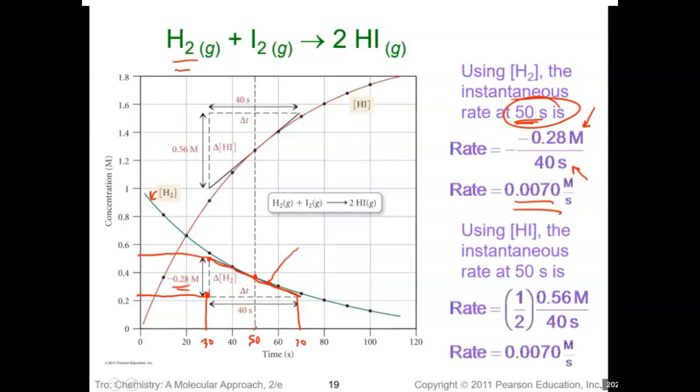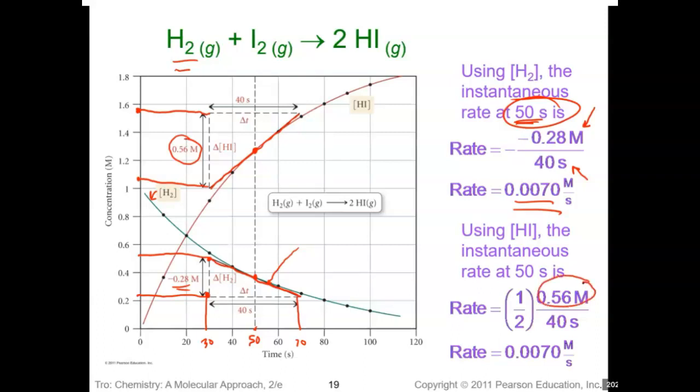Now let's go to 50 seconds again, but this time look at HI. Here again, we draw the slope of our tangent line. Once you do this, you definitely need a ruler. We look at our concentration difference and subtract, and we get 0.56 molar.